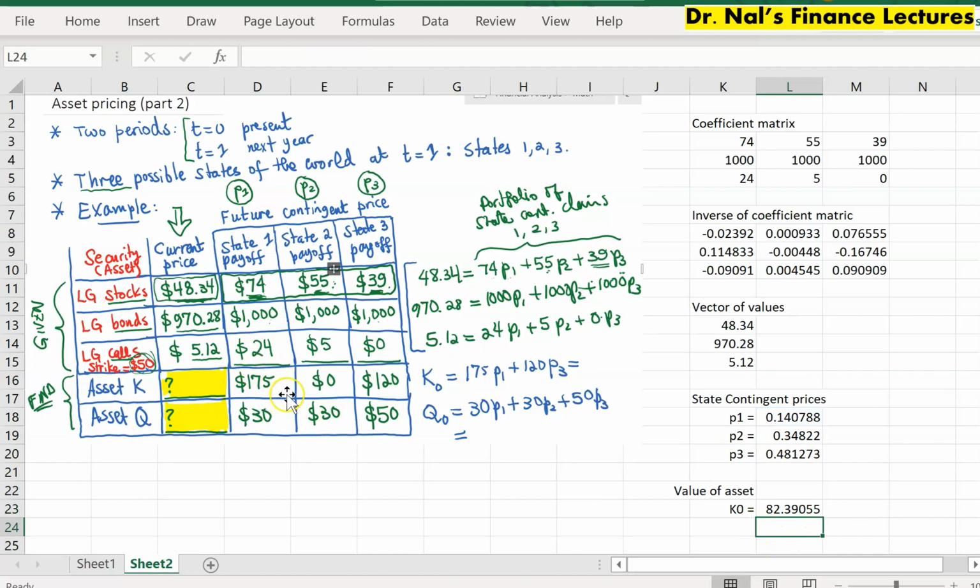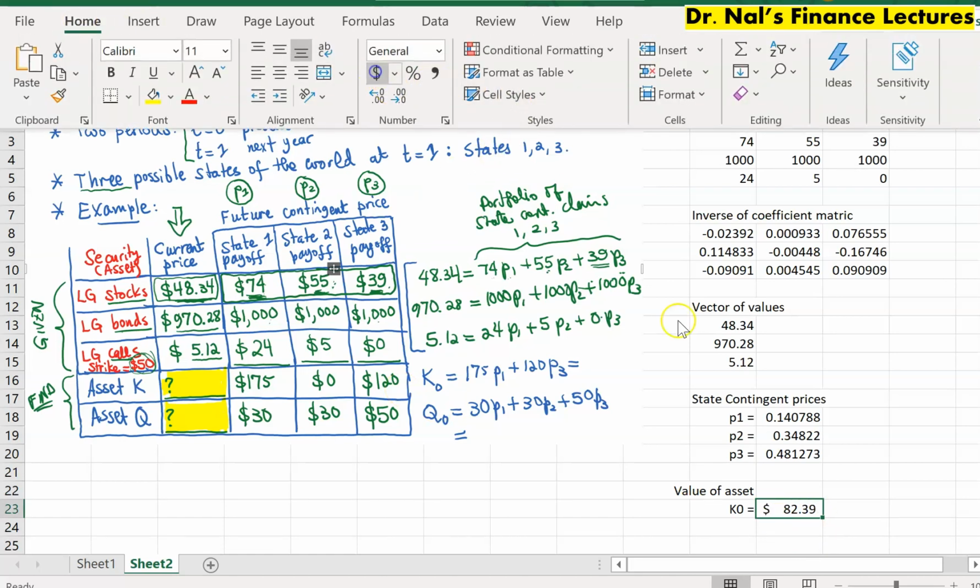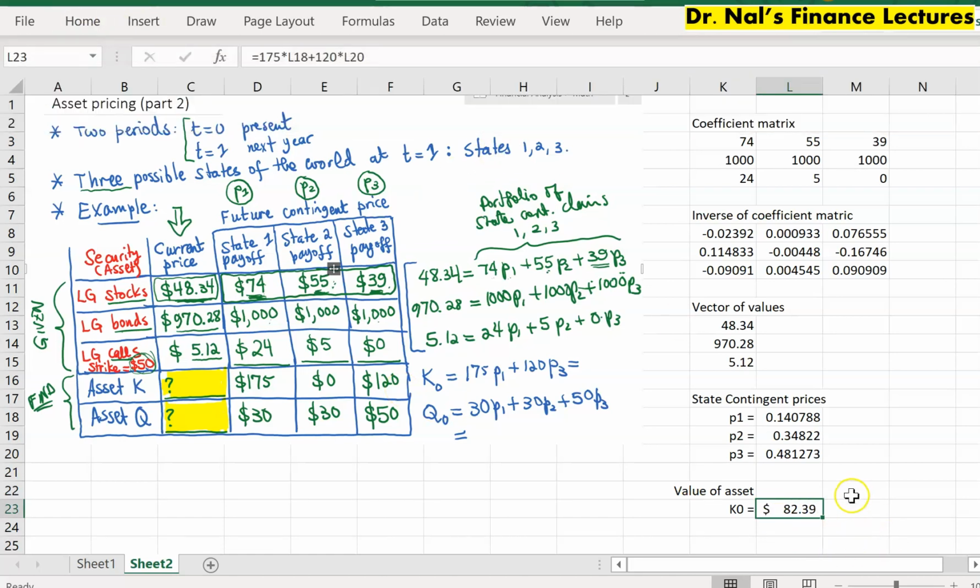So for a security which promises $175 in state 1, nothing in state 2, and $120 in state 3, I think a fair price would be $82.39. To pay this much is fair for that security, because in 2 of the 3 states, it will end up making you a profit. Only if state 2 were to happen, and this is the part which kind of reminds us of a lottery or gambling. That's the part which is very risky, right?